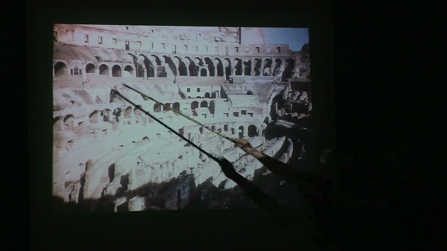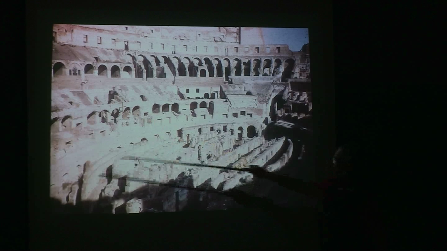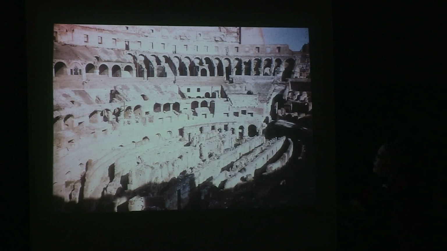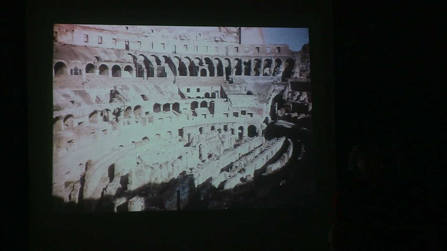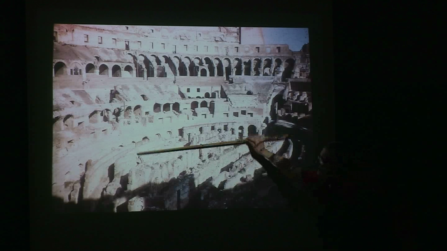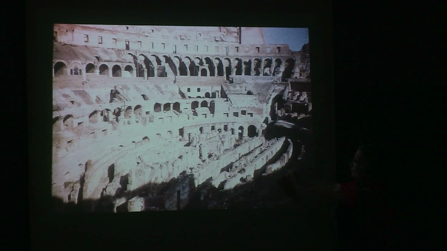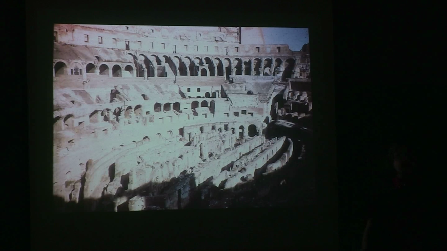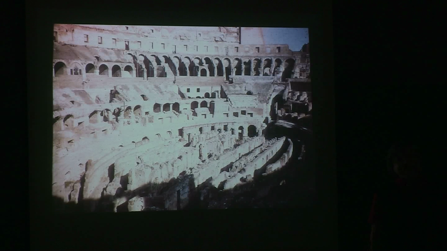So we have the seating area that we have been talking about. But the other marvel, which required a lot of expertise, was the ground on which the performances of the gladiators and the wild animals took place.